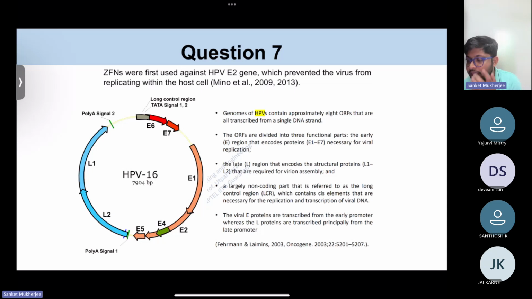There are various gene elements in the open reading frame of the virus. When E2 was deleted from this virus, the replication was compromised. That is what was seen. And HPV is basically human papilloma virus. I hope you know about it.